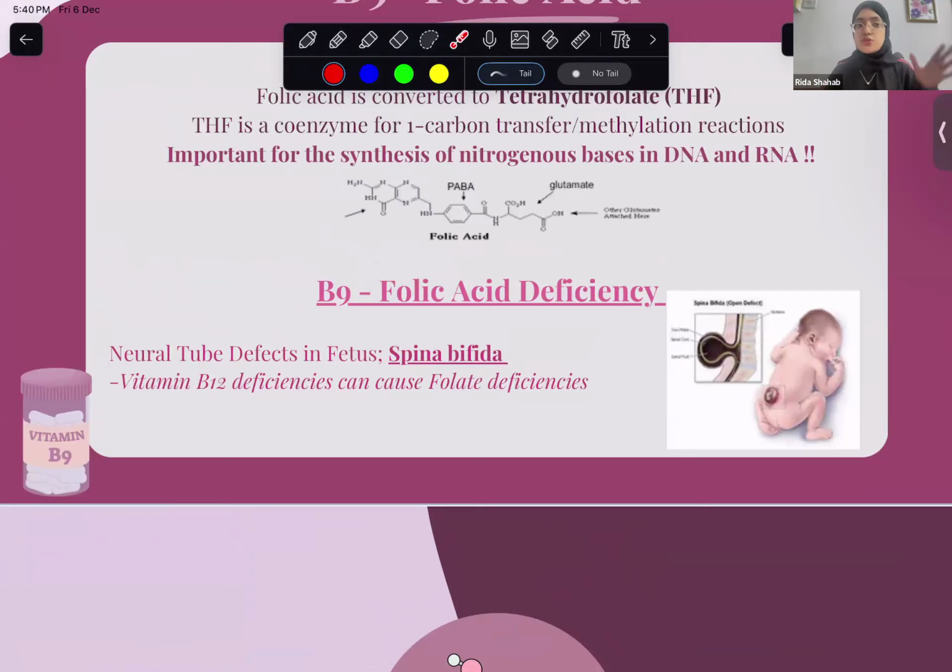So let's say there is a vitamin B12 deficiency in a patient presenting to you, okay? B12 deficiency already means that the thymidine base is not being formed. There's no synthesis of thymidine base. And B9 also helps in the nitrogenous bases in DNA and RNA. One of the bases is already missing. So B12 deficiency is initially going to cause B9 deficiency because both of them correlate together. They're both working for the synthesis of DNA. Does that make sense?